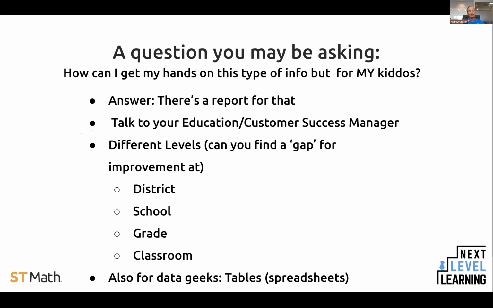And at the school level, you can even look from classroom to classroom, like, do I have an exemplar classroom, and maybe some of the other classrooms with room to improve could get some tips from it. Also, for the data geeks among you, we have numbers, not just reports and charts. There are tables or spreadsheets that can be gotten about all this stuff.